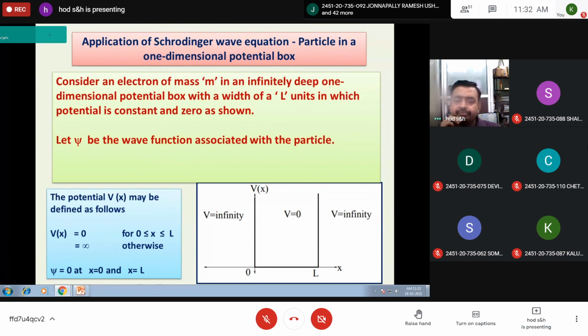Therefore, psi has significance only inside the box, only when the particle is inside the box.